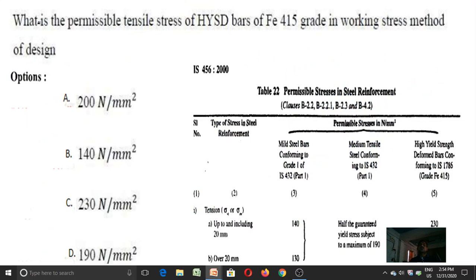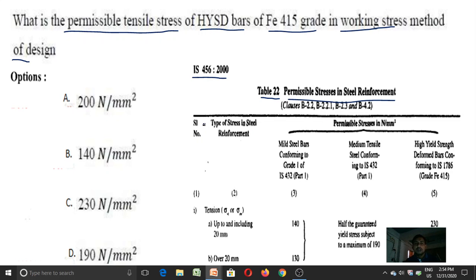It is again a codal provision in the working stress method. What is the permissible tensile stress of a HYSD bar of Fe415 grade in the working stress method of design? According to IS 456:2000, if you observe Table 22, they have given permissible stresses in steel reinforcement.